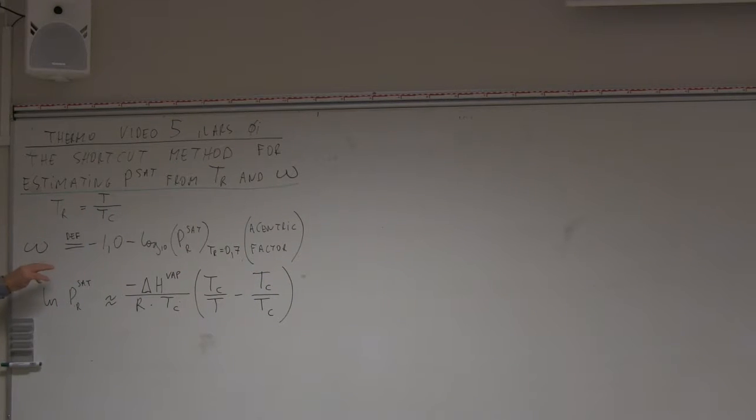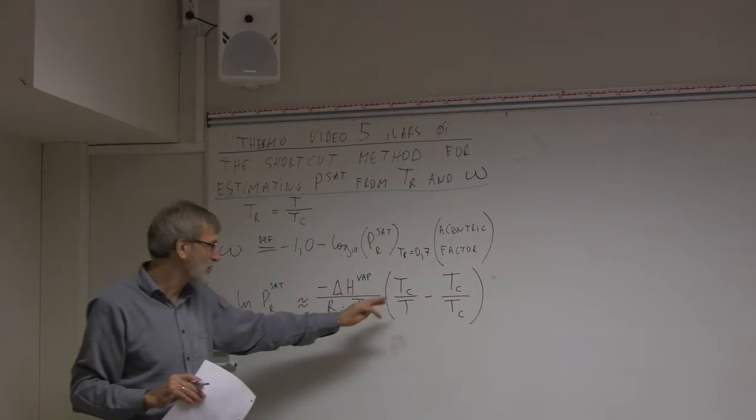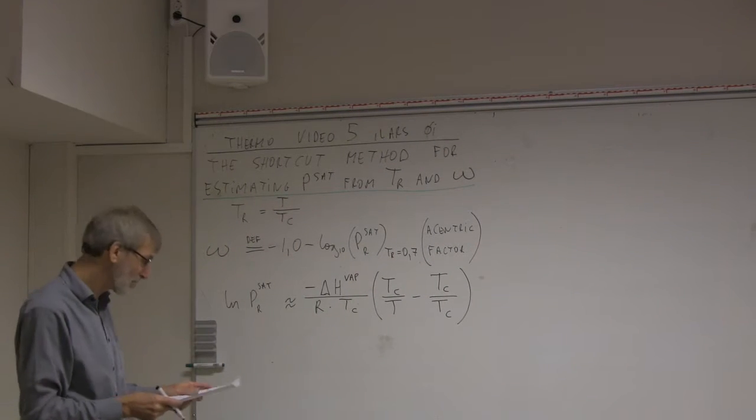This is the Clausius-Clapeyron equation with the critical temperature inserted instead of the reference temperature.